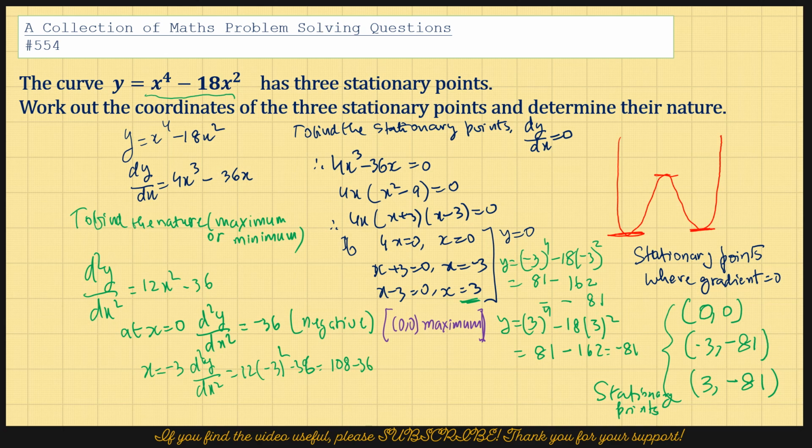So that is 72, which is positive. So that would mean I can write (minus 3, minus 81) is a minimum point.